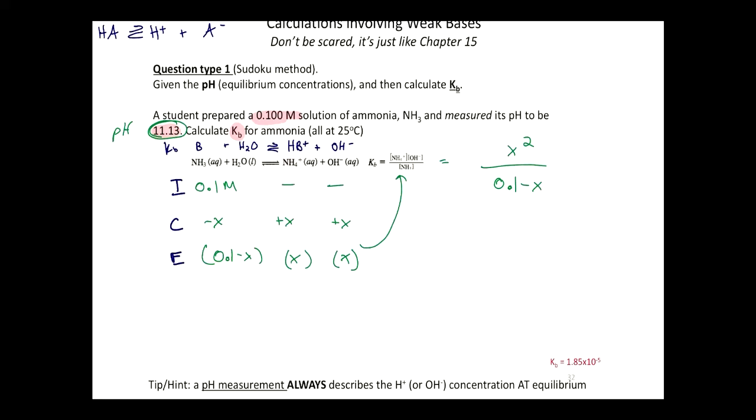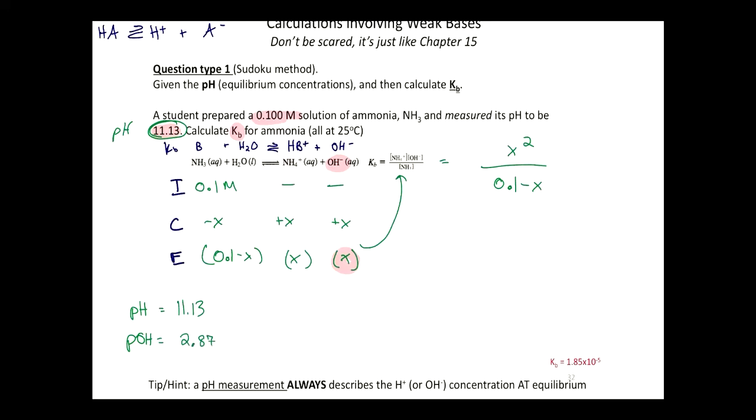Yeah, so what we want to do is recognize, okay, pH represents the H plus concentration. But I need pOH because that represents the hydroxide concentration. That is the value of X that I need in that ice table, all right? So let's just write out this work. So if pH is 11.13, that means pOH is 2.87.